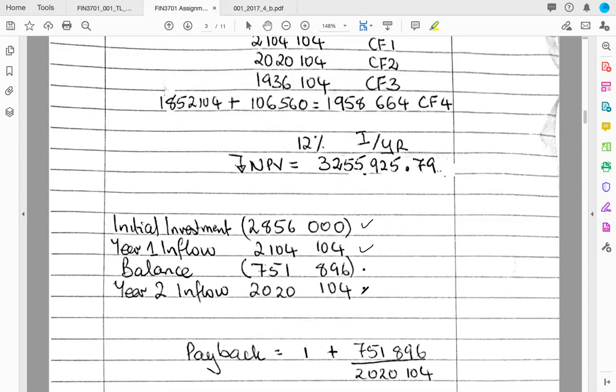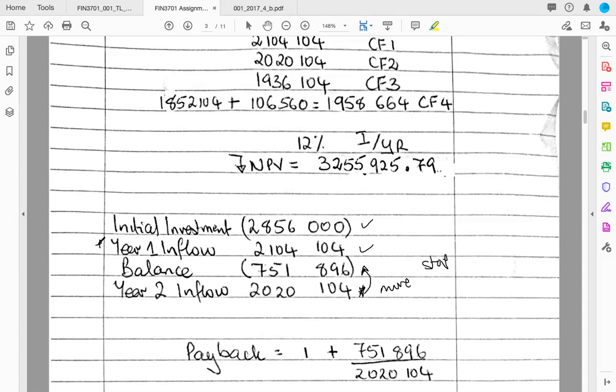Then year 2, we've got 2,020,104. And then since the inflow in year 2 is more than the balance, we can stop. You see here, we just had to do it once, but in the example that I showed you before, we had to go up to year 3. But here we can just stop at year 2 because the year 2 inflow is more than the balance.